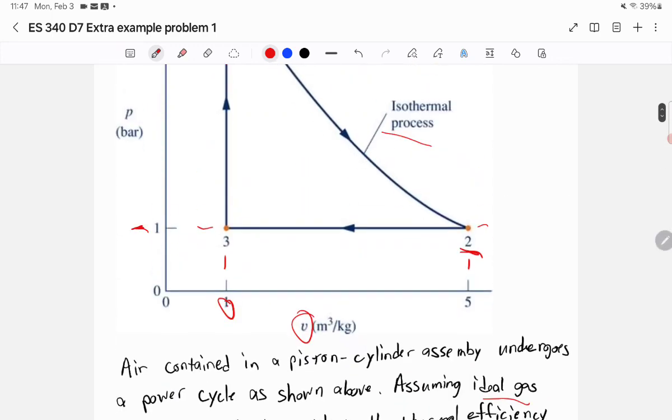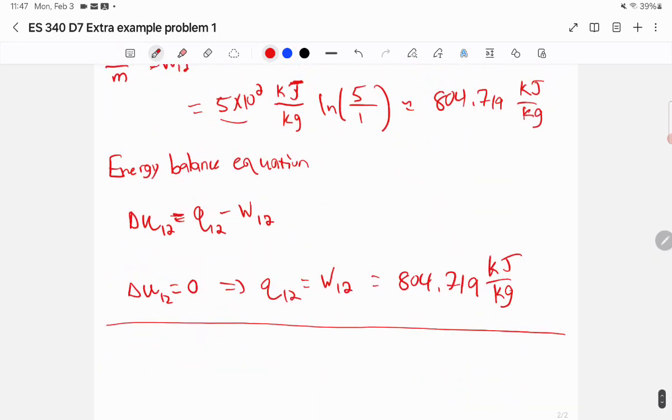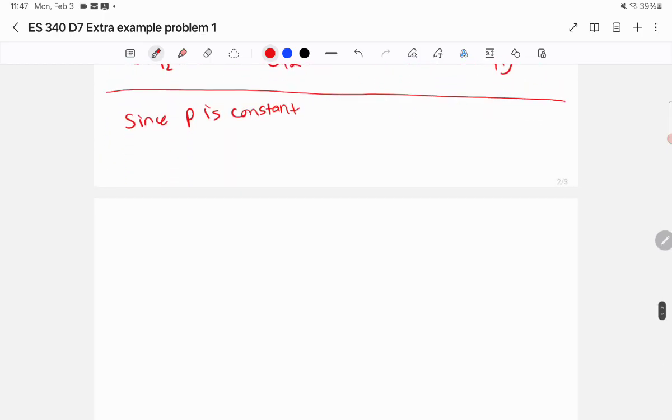The pressure is constant at 1 bar. Since P is constant, we know that if I do the integral of P dV, it is going to be equal to P times the integral of dV, because P is constant.